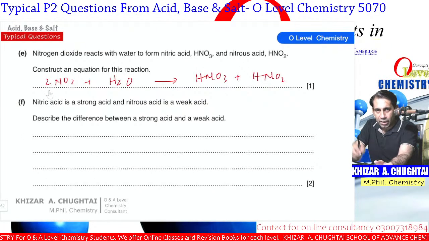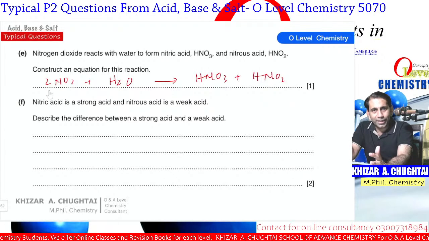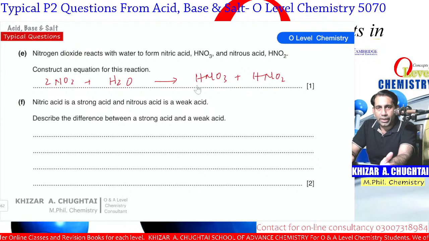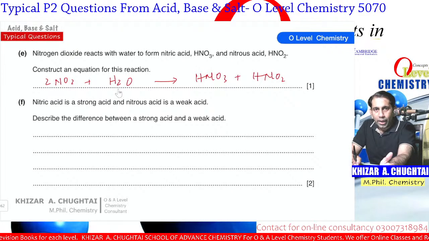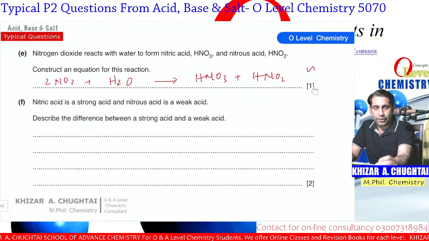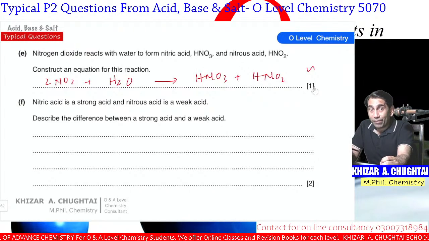I'm going to balance it. So 2 nitrogens are on the right hand side and 2 are on the left hand side. How many hydrogens are here? 2 hydrogens on the left, and 1 plus 1, 2, on the right. Hydrogens are also balanced. 2 twos are 4 plus 1, 5 oxygens are there and 5 oxygens are there. It's a balanced one.